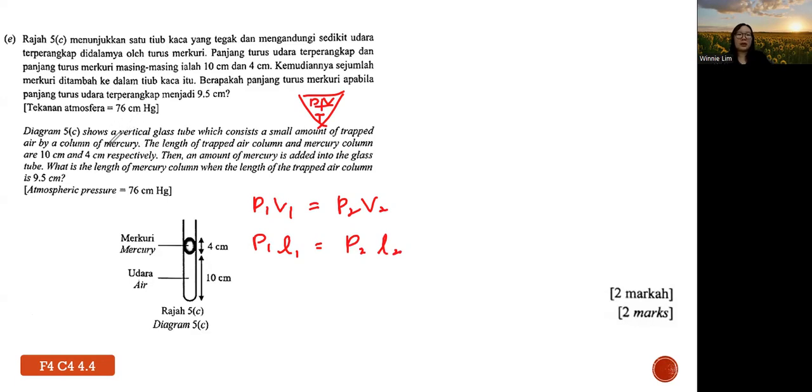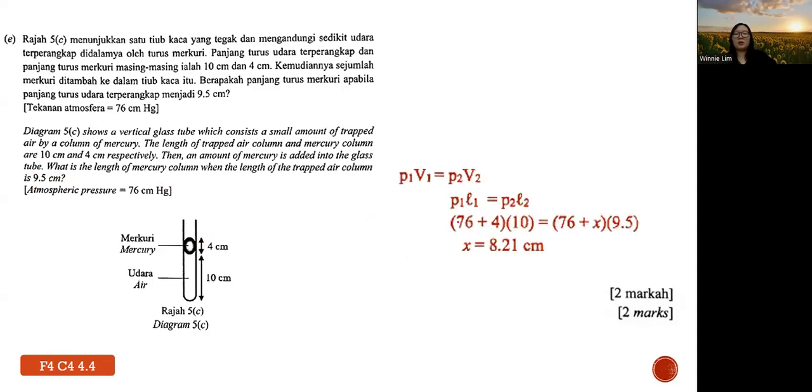In terms of length, you have 10, then later it becomes 9.5. For the pressure, you have the atmospheric pressure, which is 76 cm, added with 4, so you will have 80 cm. So we have P1 as 80.